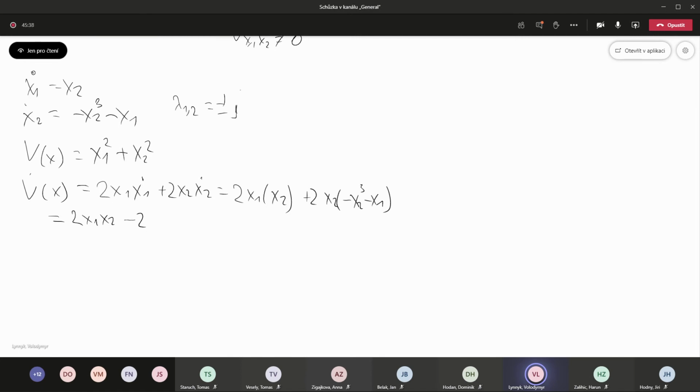And you can see that it's equal only to minus 2x2 to the fourth degree.